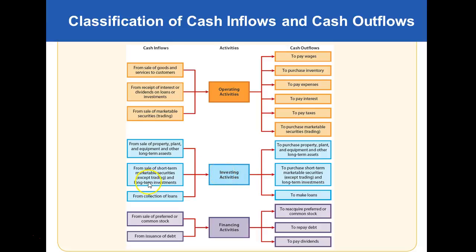Investing is collecting loans. Investing means that I have money and a board of directors needs to borrow $100,000 from the company at a 9% interest rate. So the company lends a board of director money. That's their way of investing in their assets. Financing would be the company needs money, so they go and take out a loan.